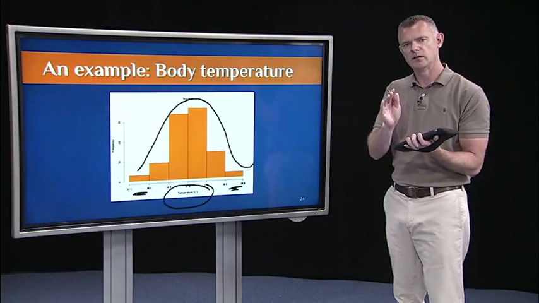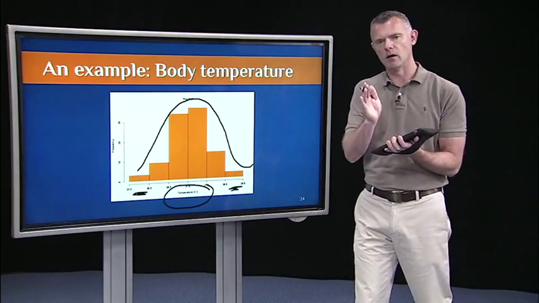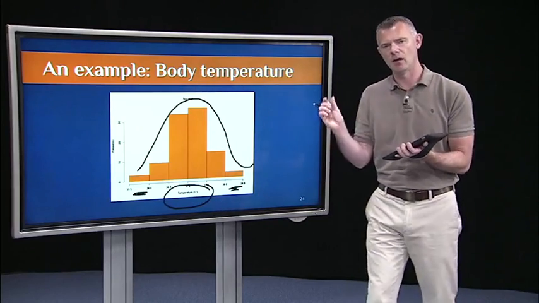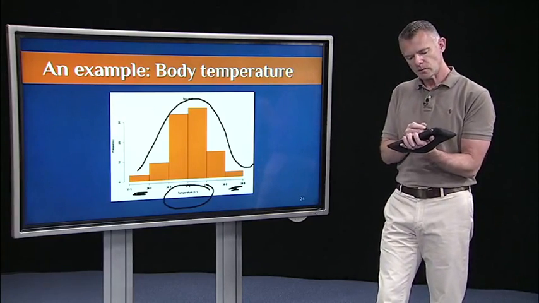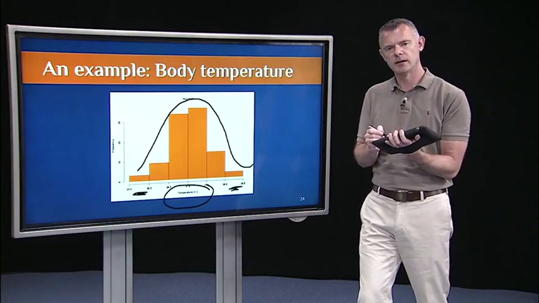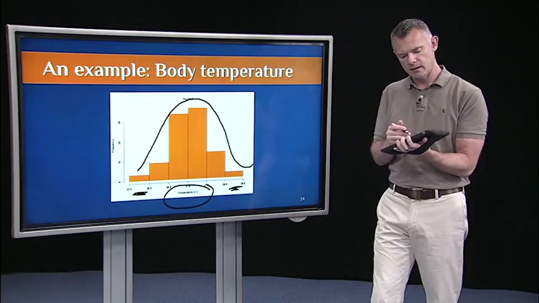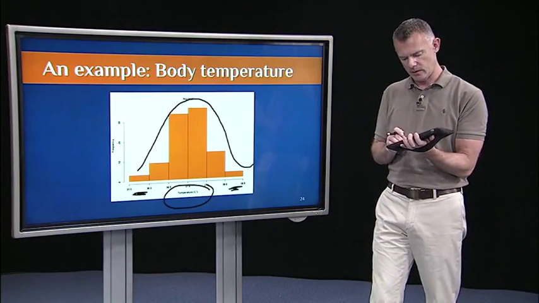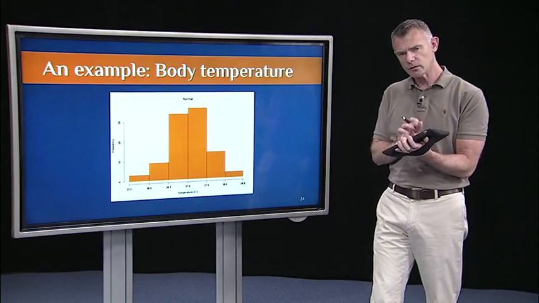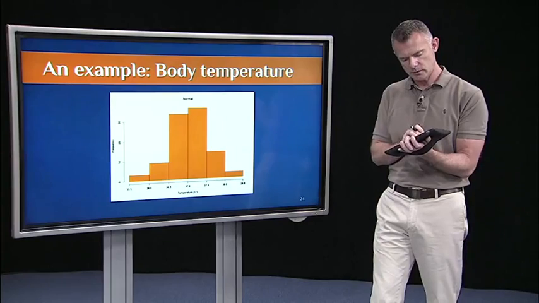And if you remember using the R function hist and the argument breaks, you can change that if you like. But this is just the same exact data plotted in Celsius instead of in Fahrenheit. So those are nice normal distributions.